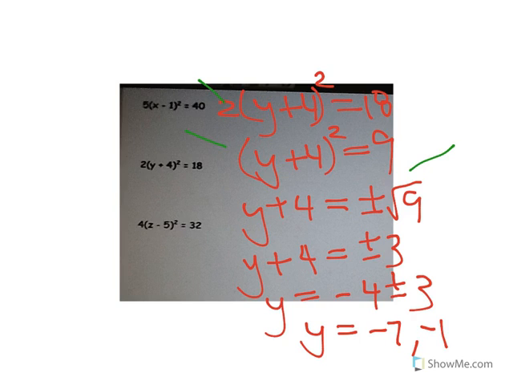Plus or minus the square root of 9, and that's a nice neat number. When you take the square root of 9, you end up with 3. So that's why it's plus or minus 3. Don't forget that part. Then you just bounce the 4 over, so it changes to negative 4. Then it's negative 4 plus or minus 3, and the two values you're going to end up with are negative 7 or negative 1. And that's it.